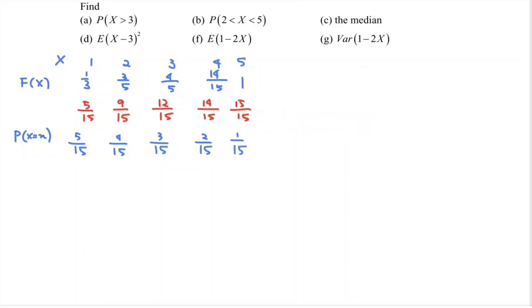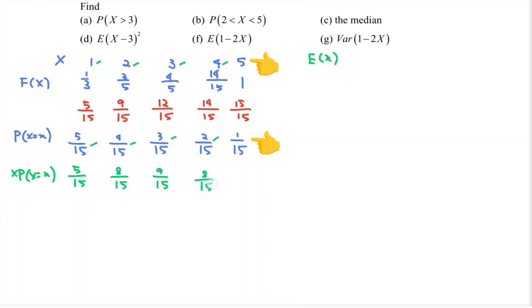Next, continue. Before we find out the expected value of x minus 3, what we have to do is to find E of x. So x multiplied with the probability. Then we will have 5 over 15, continue, 8 over 15, 9 over 15, 8 over 15, and finally 5 over 15.